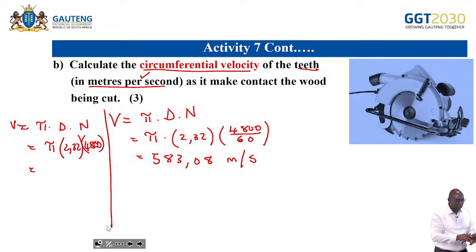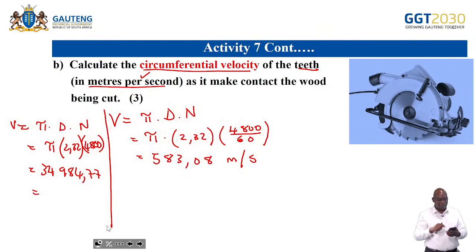If I take my calculator, pi multiply by 2.32 multiply by 4,800, the answer that I'm going to get here is 34,984.77. Then from there I can say that answer must be divided by 60.